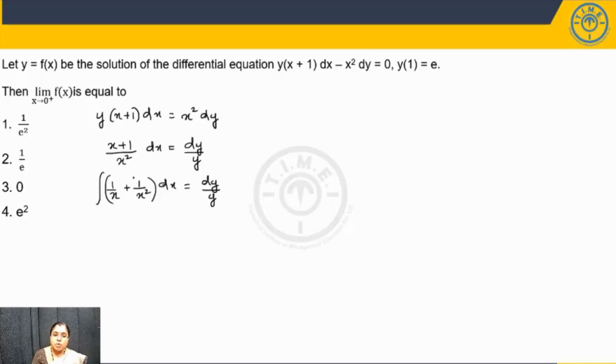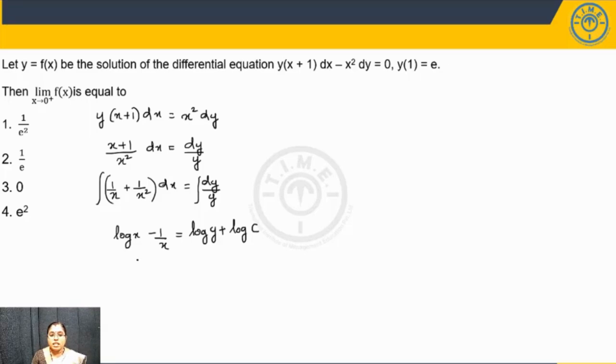Let's integrate both sides. So what is the integral of 1 by x? Log x. And the integral of 1 by x square? Minus 1 by x. And the right hand side is log y plus log c. Now we are given that y of 1 is equal to e. That means when you put x equal to 1, y is equal to e.